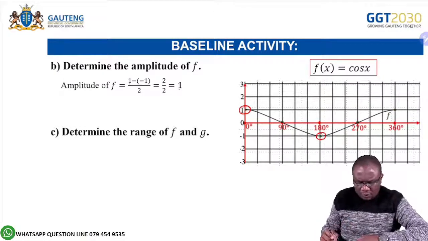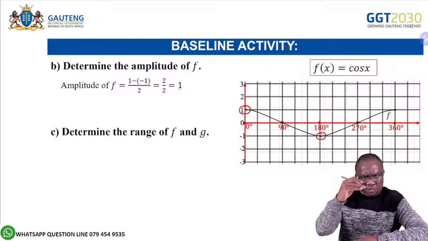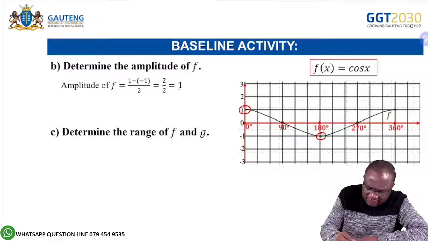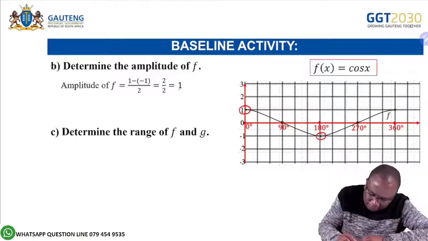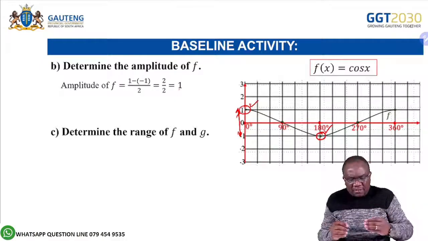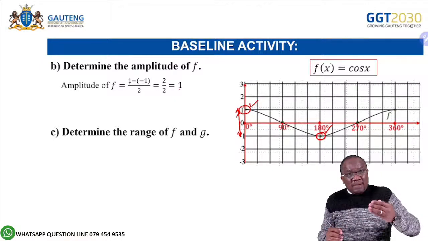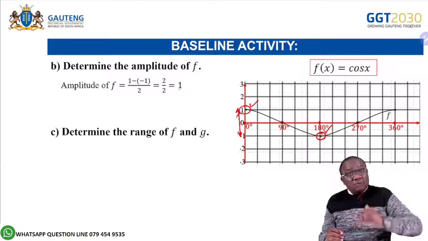What about the range? The y values are from which y value to which y value? If you check, our graph is between these, or not between, because they are included. So it's from -1 up to 1. -1 is the minimum here, and 1 is the maximum. So the y values are from -1 to 1.